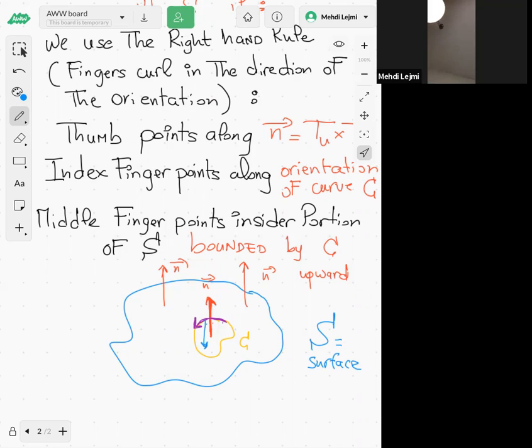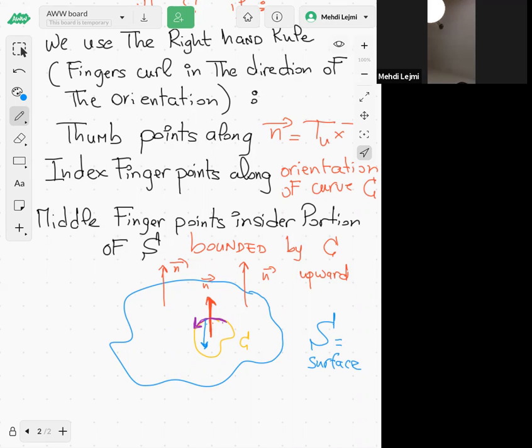So you can imagine you use your right hand, the thumb along the normal, the index along the orientation of the curve, and the middle finger would point inside the portion of S bounded by C. All right.